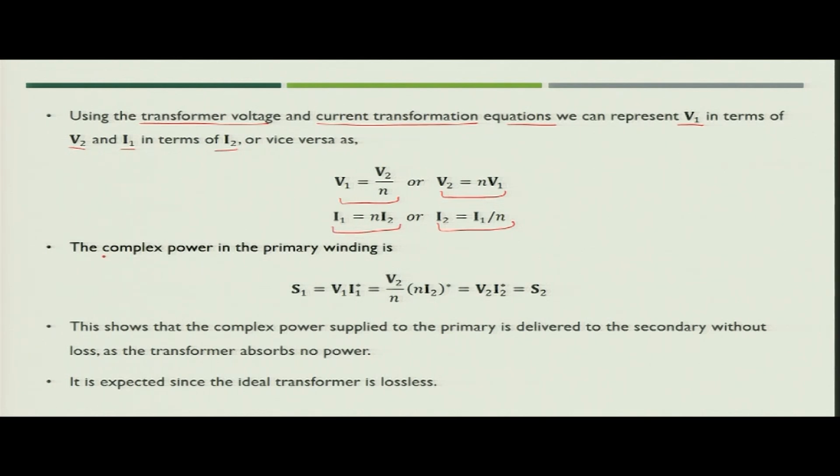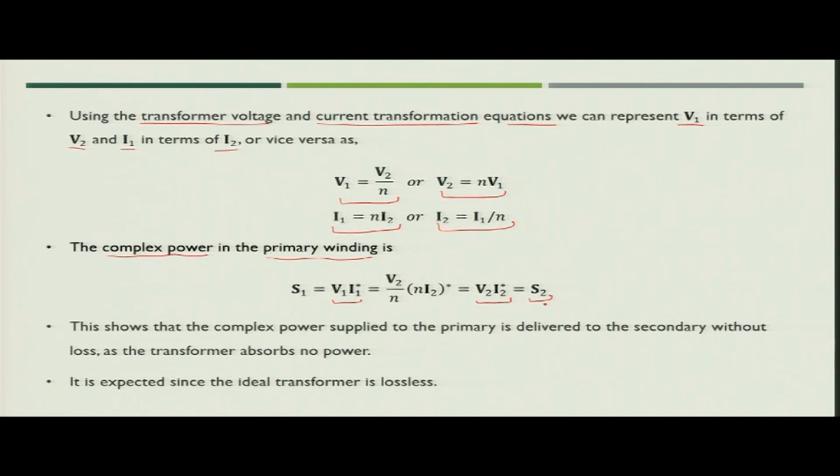Now, let us see the complex power in the primary winding of the transformer. So, what will be the complex power? Complex power will be V1 I1 conjugate. If you put the values of V1 and I1 in terms of V2 and I2, V1 will be V2 by N and I1 will become N into I2. So, when you simplify, you will again get V2 I2 conjugate.